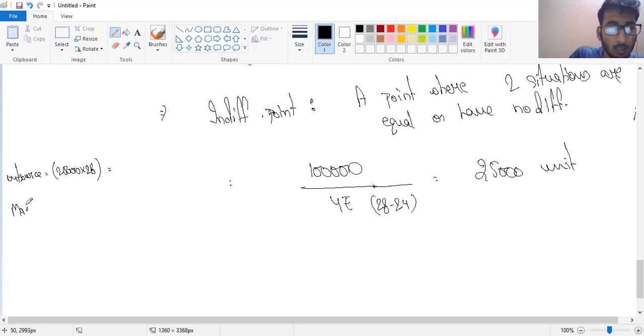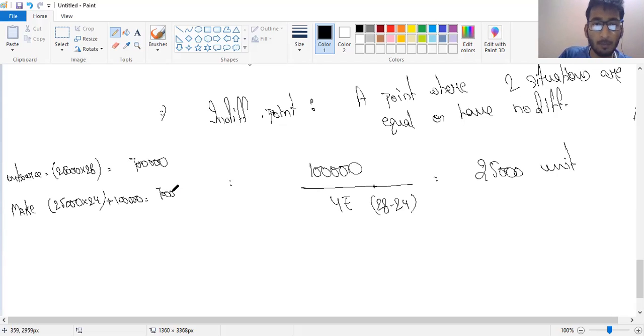If I make it, my cost would be 25,000 multiplied by 24, which is the variable cost, plus 1 lakh, which is my fixed cost. Just calculate it once. 25,000 multiplied by 28 is 7 lakh. And 25,000 multiplied by 24 is 6 lakh, plus 1 lakh, so it would be 7 lakh.